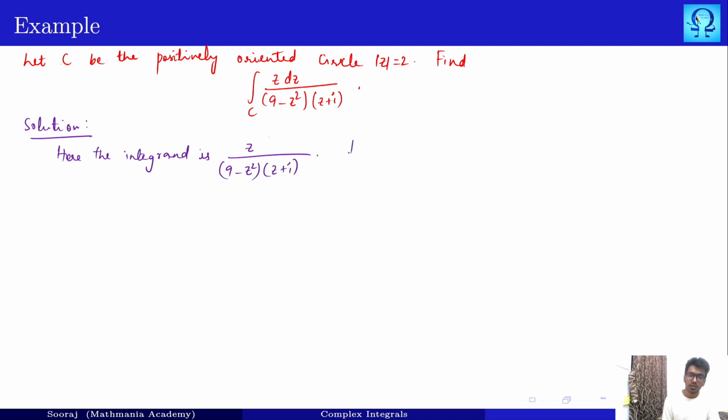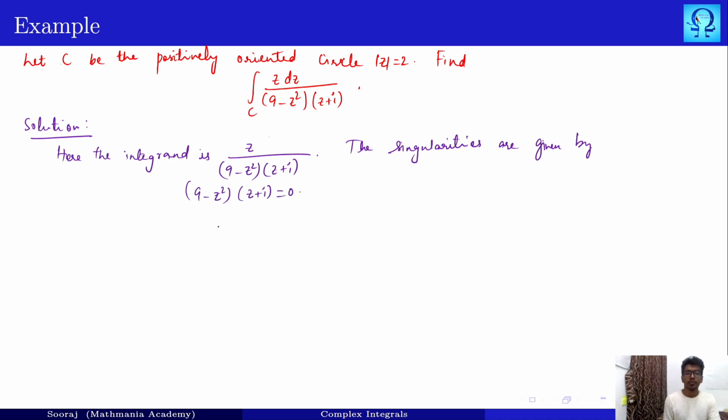Okay, the singularities are given by 9 minus z squared multiplied with z plus i equals 0. This can happen only when z equals plus or minus 3 and z equals minus i. Okay, we found this one. Then look for the given contour.